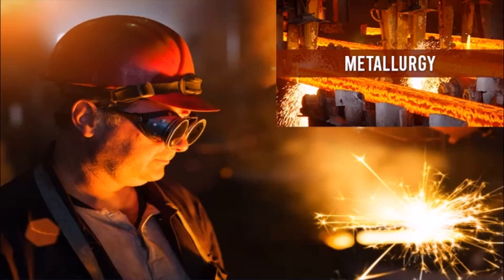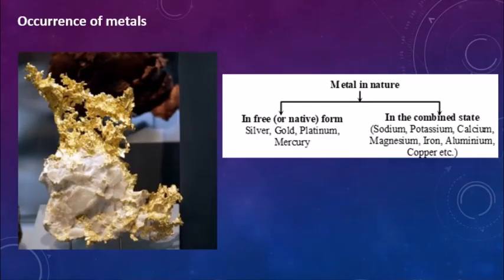All those methods, how many types of methods are used, how the purification is done, everything is studied under metallurgy. The metals which occur in nature exist in two states, the free state and the combined state. The free state is found, for example, in silver, gold and platinum.